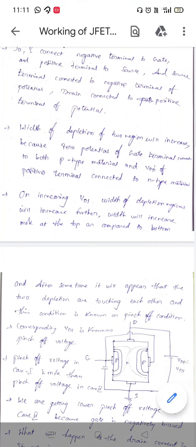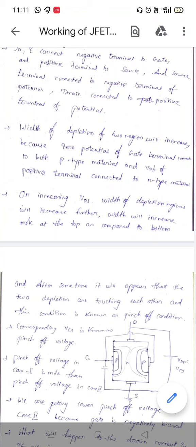So I will explain briefly now, giving the comparison between case 1 and case 2. In case 1, VGS is equal to 0 volts and VDS is greater than the pinch off voltage, and the gate and source terminals are grounded, so the potential between the gate and source terminals will be 0.